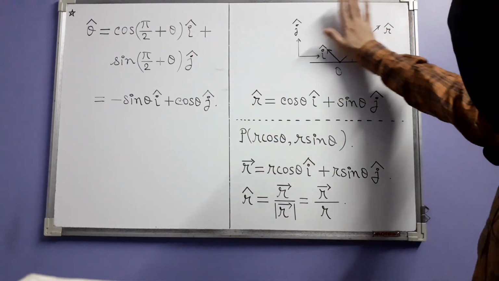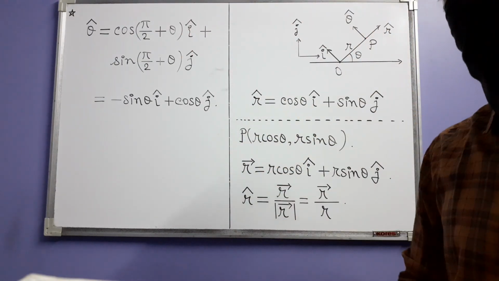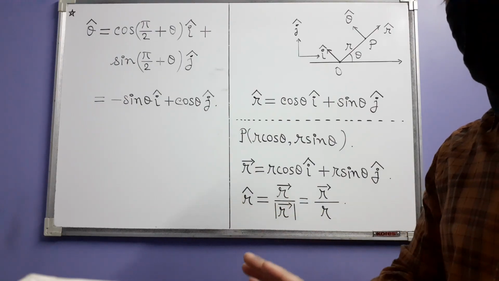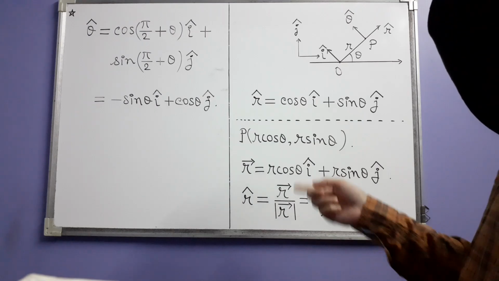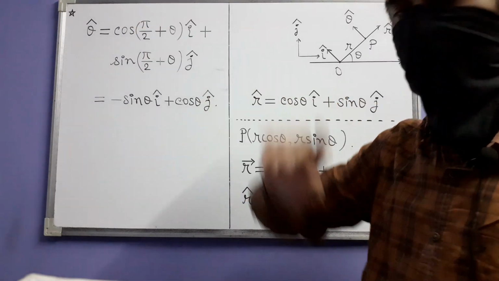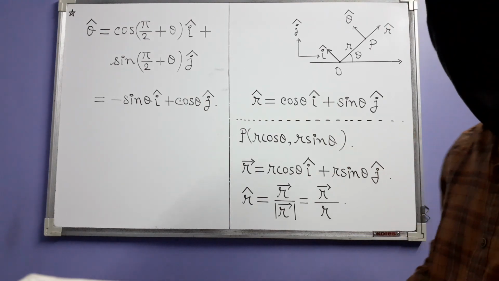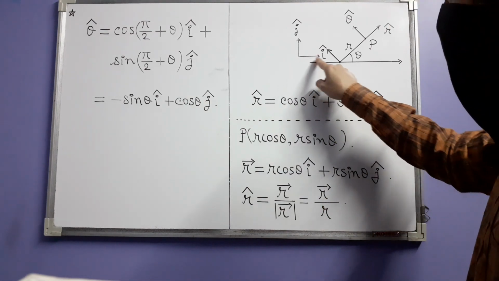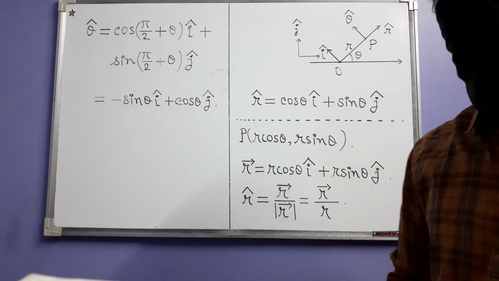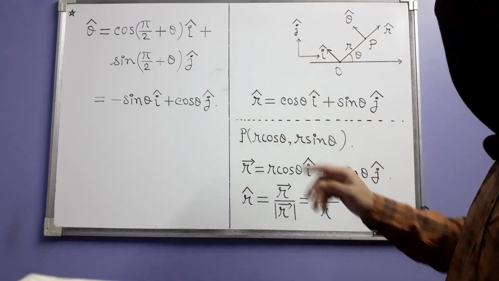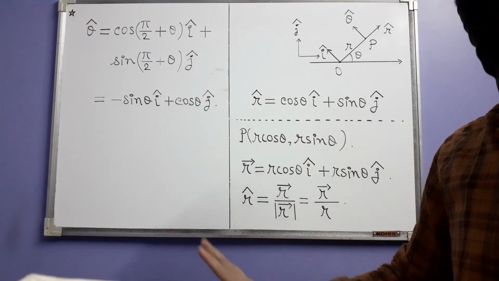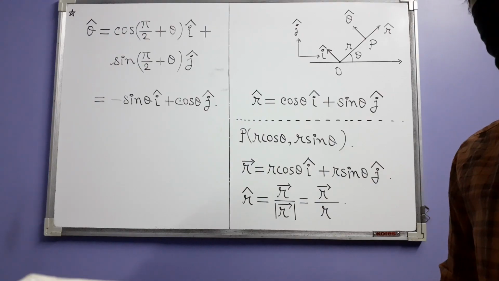P is moving in this plane in any manner depending on the situation, but still we want to find its velocity and acceleration, and in those calculations we are going to need derivatives of these two vectors with respect to theta. Note that unlike our previous fixed unit vectors, these are no longer fixed. As P moves around, they are going to change. So we need to find out how they change.